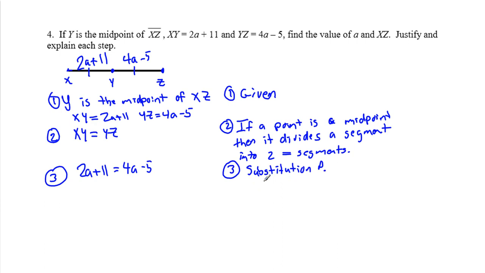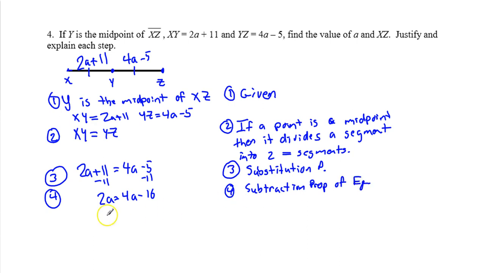Now, at this point we have an algebraic problem to solve. Different people would do this different ways. Some people might go with subtracting 11 first. Not the only way to do it, but it is a way. 2a equals 4a minus 16. So what did we just do? We did the subtraction property of equality. Whatever you do to one side, do to the other. Then you might repeat that process.